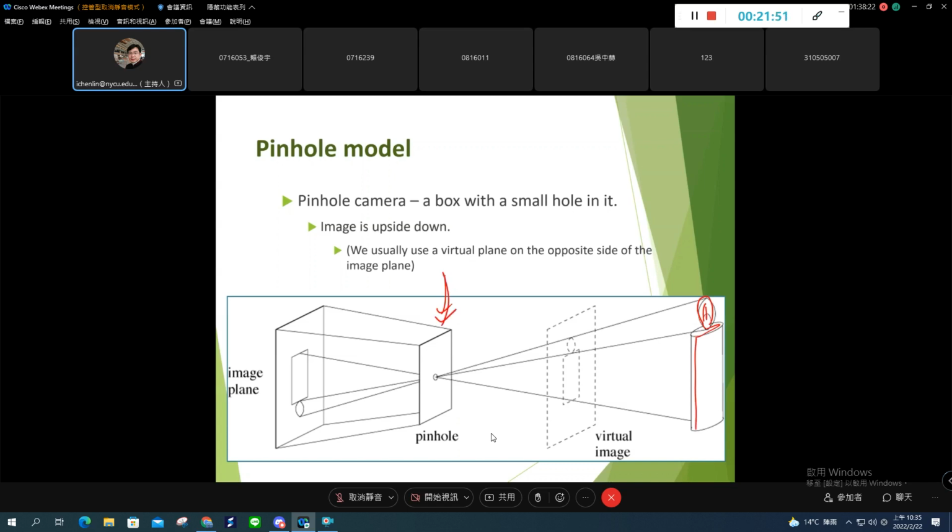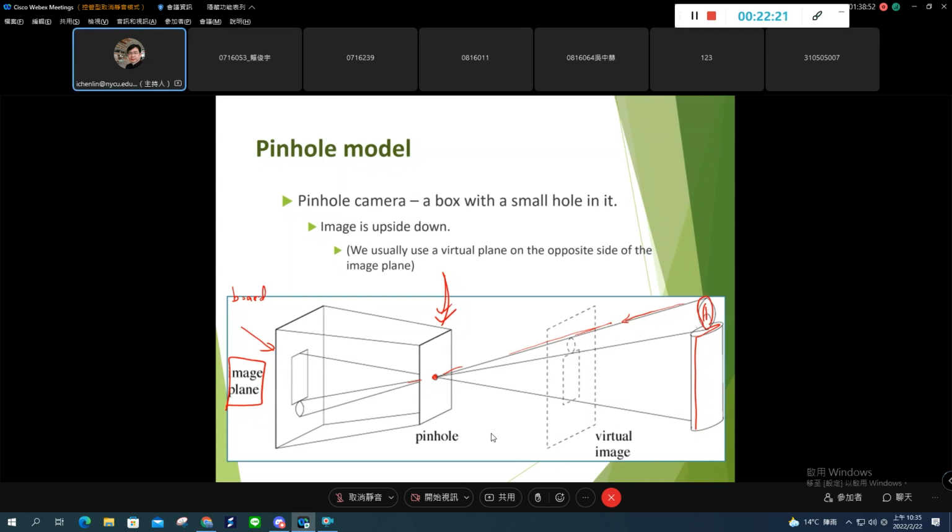We have said that our light will go straightforward, directly pass through the pinhole, and then reach our board here. This board we call the image plane. That is the plane for the image. Image means to appear, right?